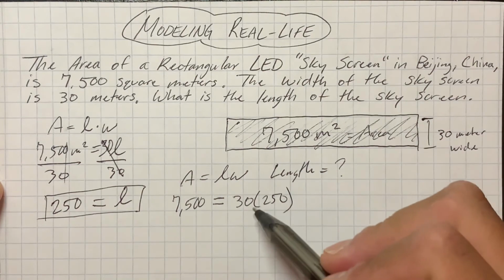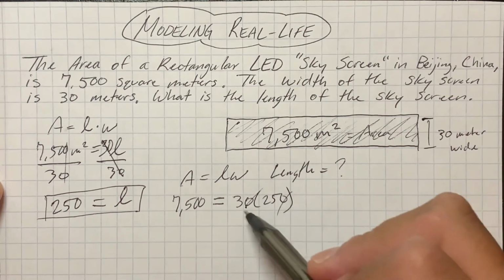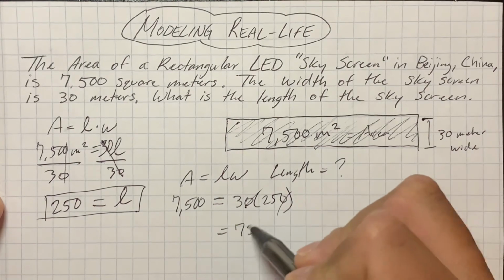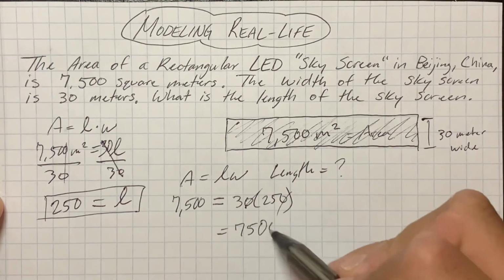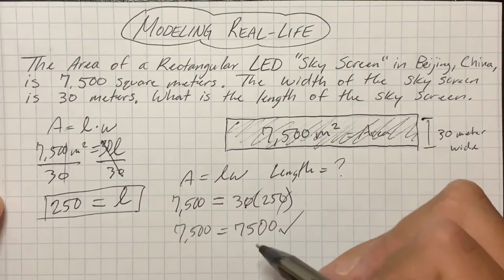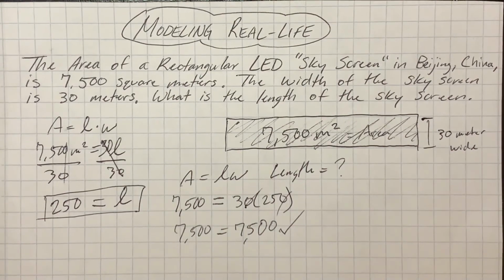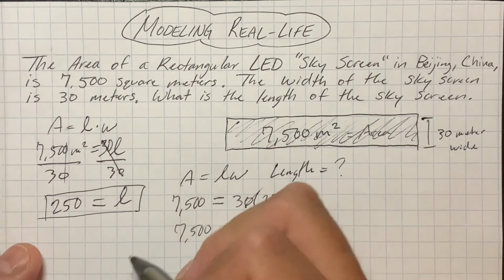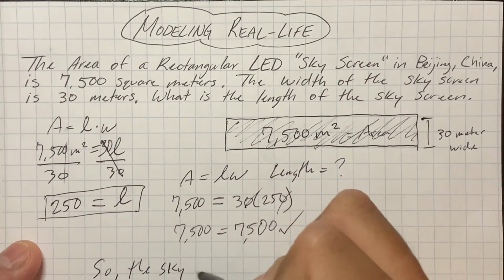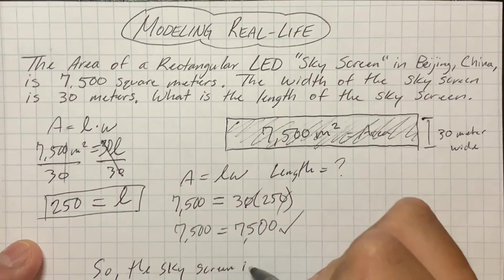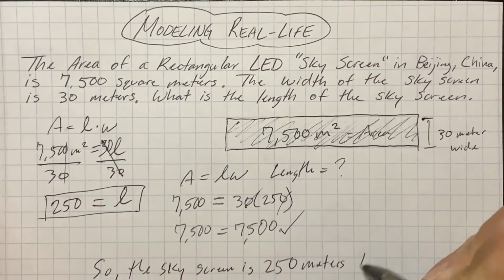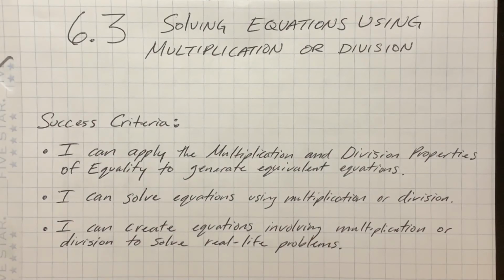If you think about this, you can knock off these zeros and just do 3 times 25. 3 times 25 is 75. Then just add those zeros back on, and 7,500 is equivalent to 7,500, and it checks. So that is true that the sky screen is 250 meters long. All right, so that's basically it.